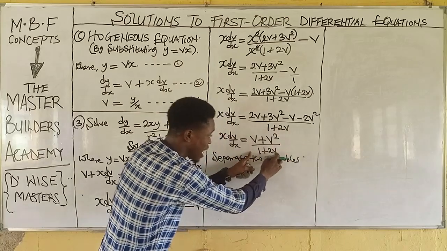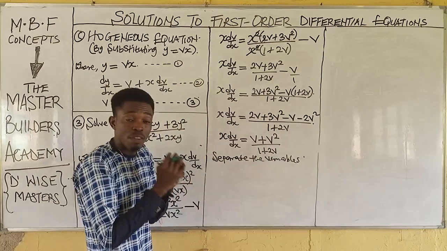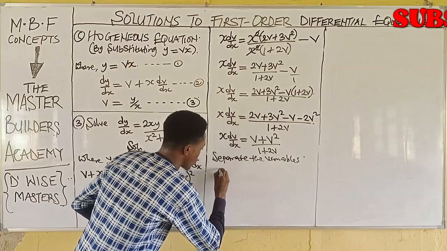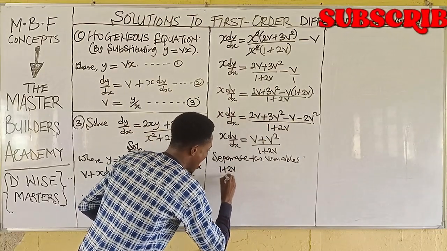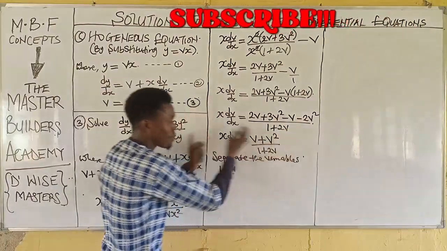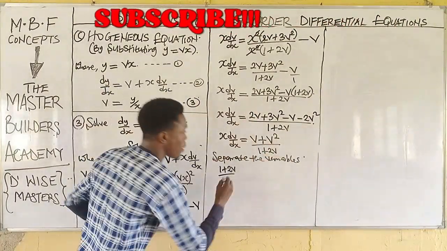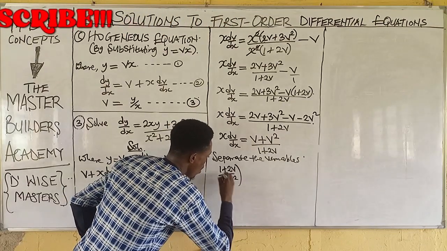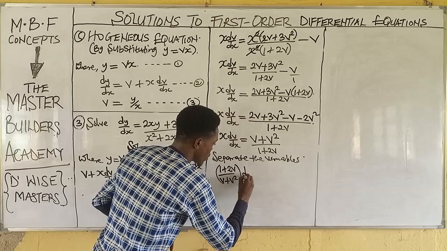Understand that everything here, they are all functions of what? V. Is that correct? So just invert it and have this to be 1 plus 2v. And from the left hand side to the right hand side, so from the right hand side to the left hand side now, you invert the fraction. And this will have given us v plus v squared multiplied by dv.